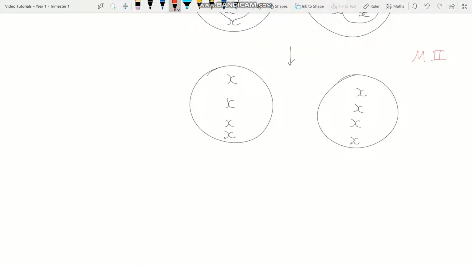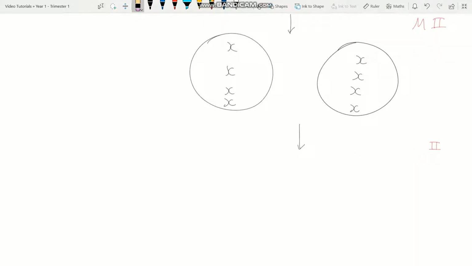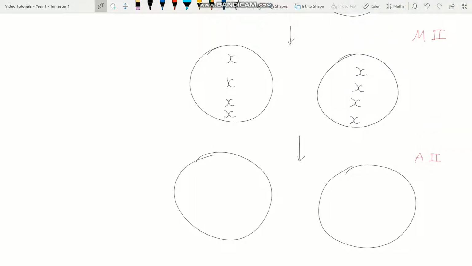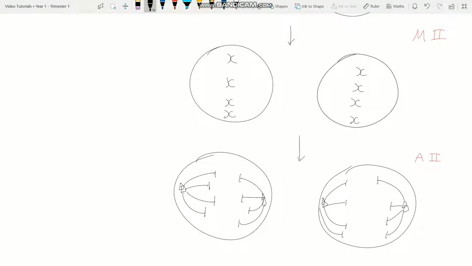And finally, in anaphase 2, the chromosomes will separate from one another, and the process is identical to mitosis, in that now, if I redraw the centrioles, the sister chromatids will separate from one another, and they will essentially form chromosomes of themselves, because once the sister chromatids have separated from one another, they're no longer called sister chromatids. They're simply called chromosomes.